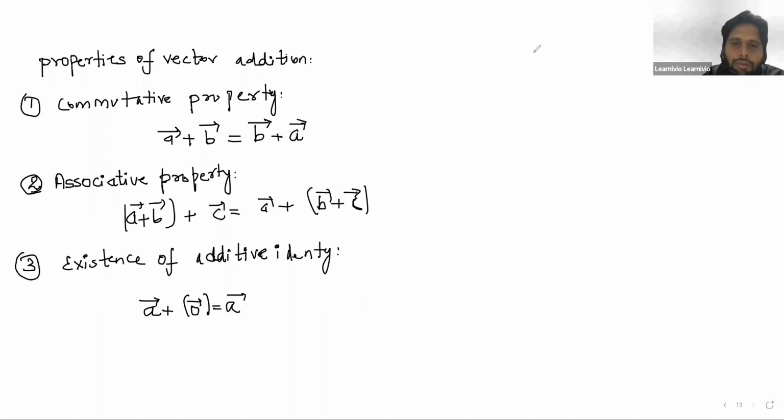I'm sorry, it is a bracket. I'm facing some network issue due to which I'm having trouble writing on the board. Okay, it is a bracket. Please note this down and I will give you 2 minutes. Please note this down, raise your hands, then we will move to the next topic.